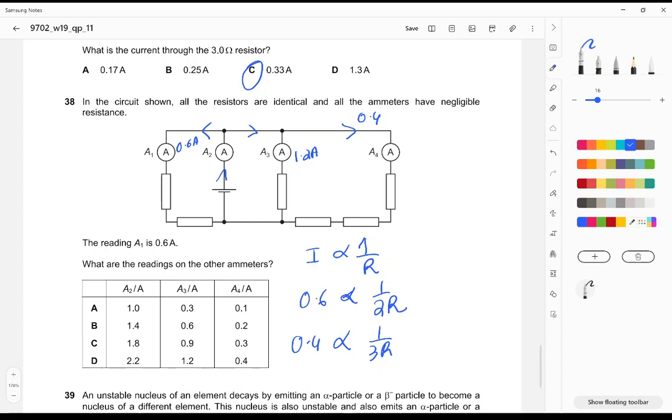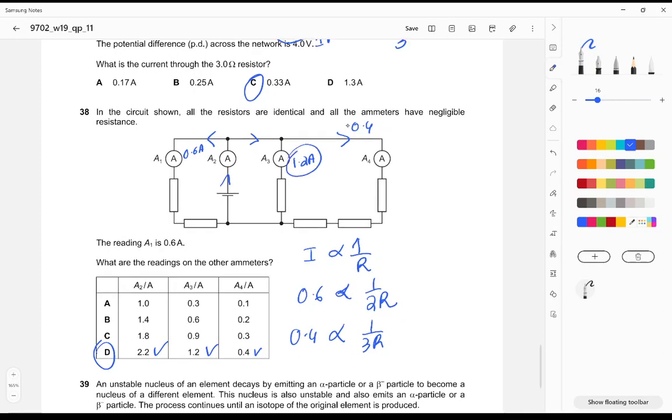And if 1.2, okay, now we can work this out. A4 is definitely going to be 1.6. So therefore A3, let's match these values, is 1.2, and A2 is actually going to be 2.2. So D should be the right answer. Let me prove it to you guys.